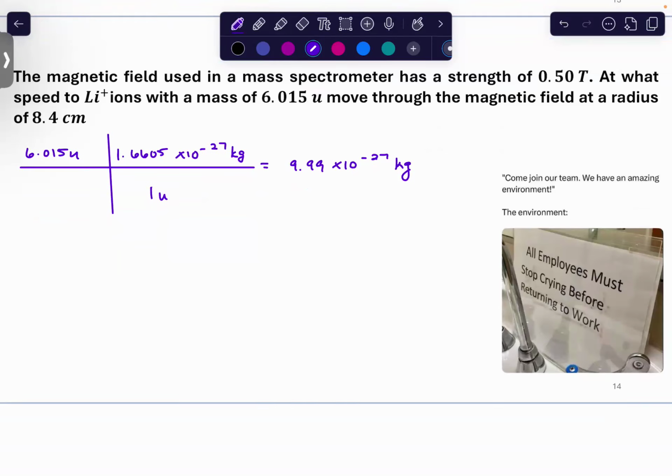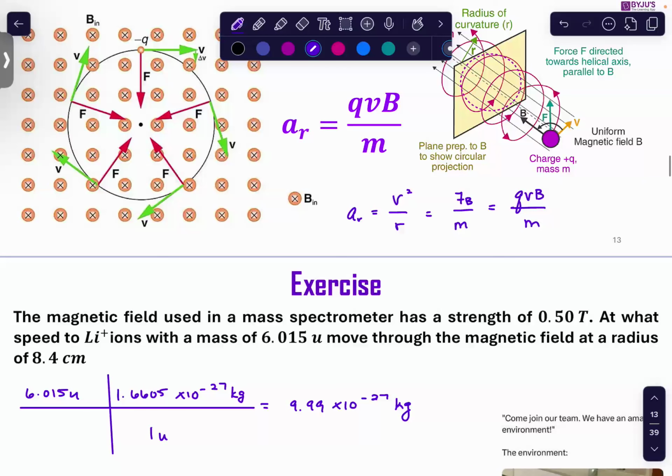Now, this particle enters a magnetic field. It's a charged particle. We saw on the previous slide what happens in a magnetic field. So, what two forces equal each other?